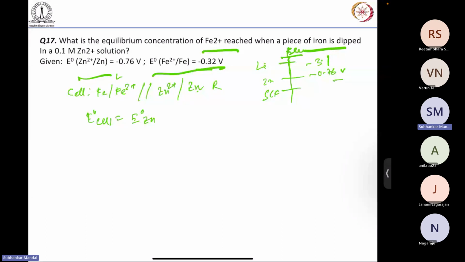Whoever is more negative can be easily oxidized. Lithium can easily go to lithium plus. Here the standard potential of zinc is minus 0.76 volt, and for iron minus 0.32 volt. So zinc can easily reduce the other one.